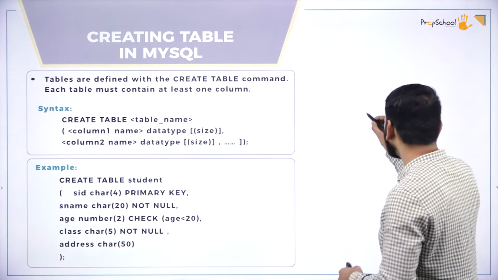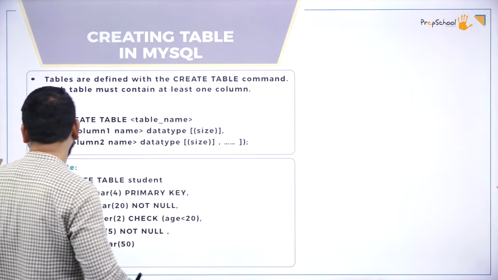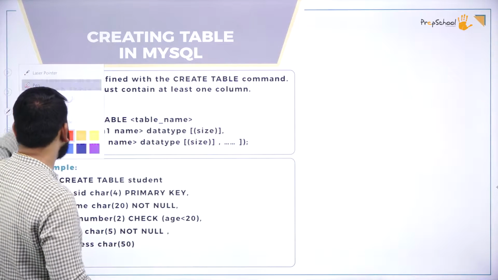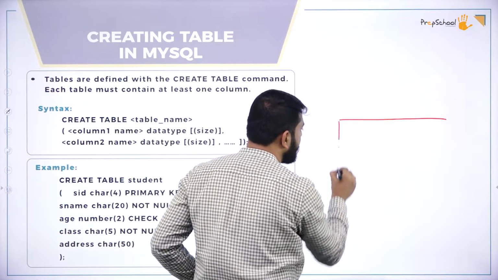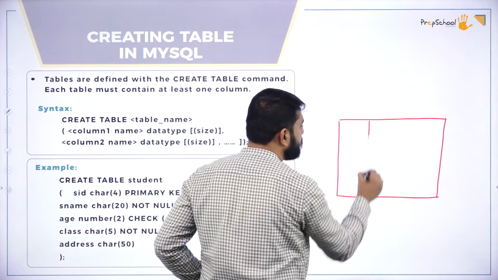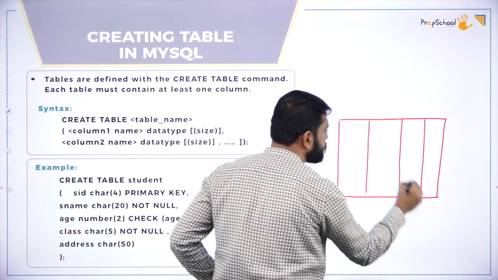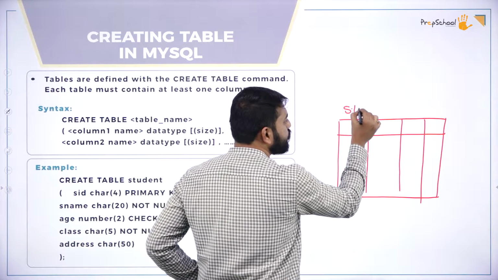Let's start. Imagine I want to create the table something like this. So how do I write the query for that? So let's write the table. So my table will look something like this, right? So I have 4 columns. How many columns I have? 4 columns. Let's name this table as student.